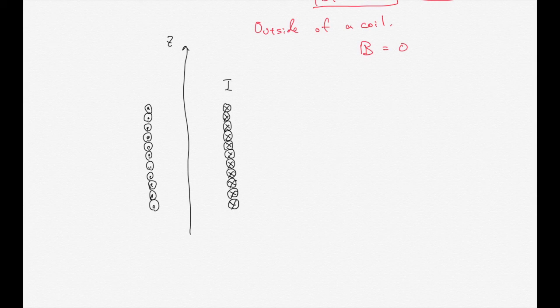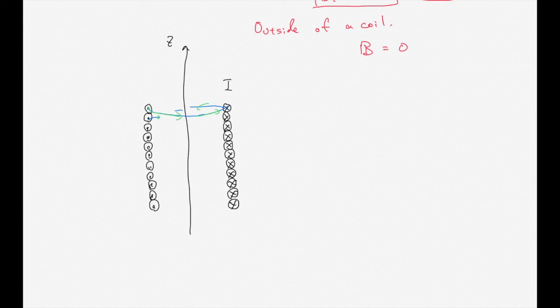If you look at a single current coil, the direction of the current goes this way, and this way, and comes to this one. This is the direction of the current, and we just find the cross section.